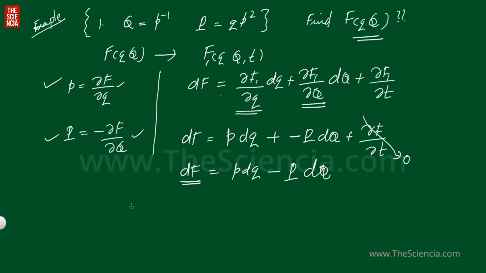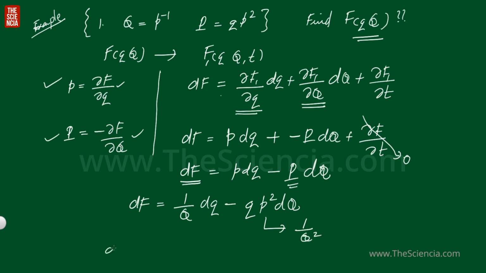So what do we get? We get df is equal to small p, which is 1 by capital Q, into dq, minus capital P, which is given as q small p square, dq. And again we know this small p is nothing but 1 by q, so this is equal to 1 by q square.